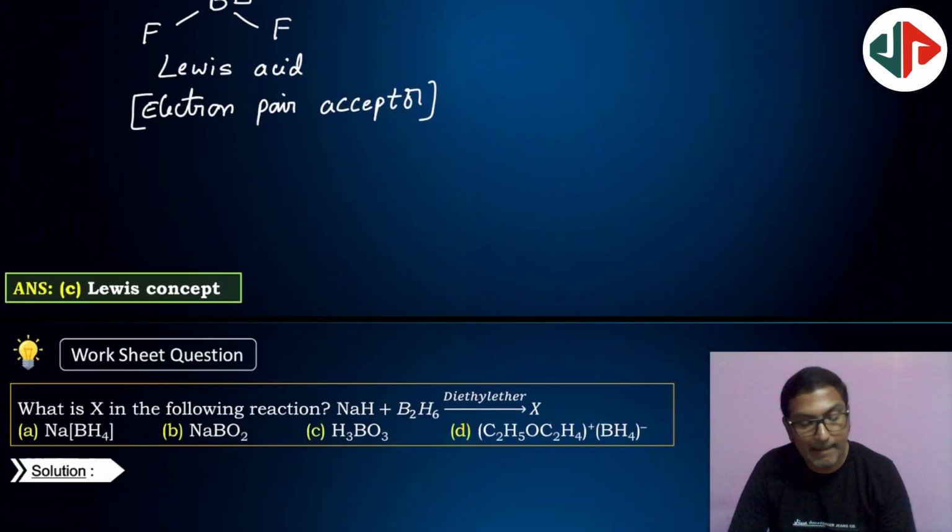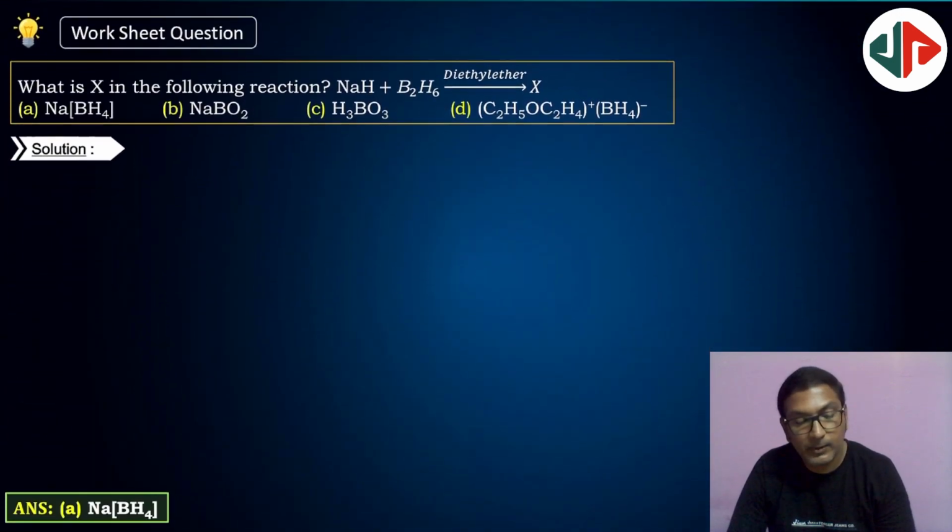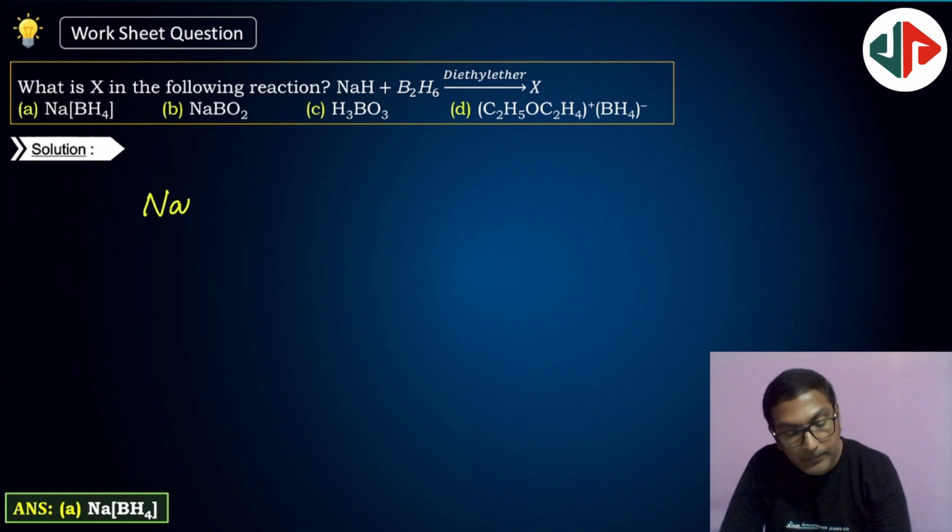Next. What is X in the following reaction? NaH, sodium hydride, reacts with diborane. Check here first. NaH reacts with B2H6 diborane in ether.